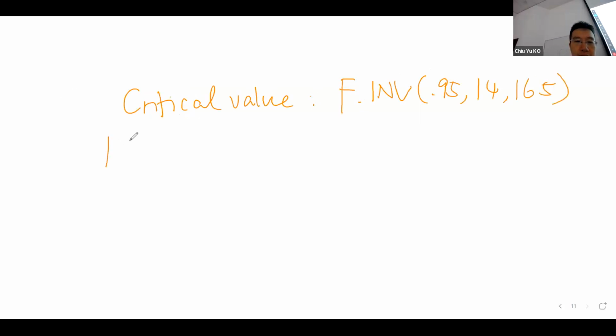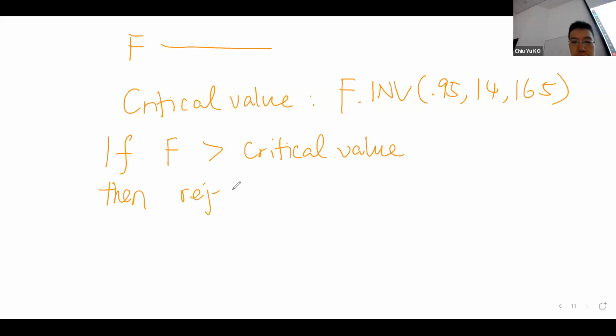Then if the F you calculate from the table is bigger than the critical value, then reject H null at 5%.